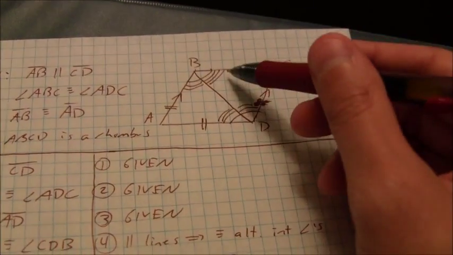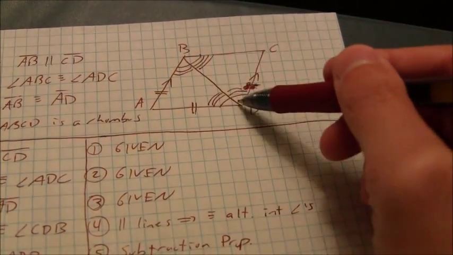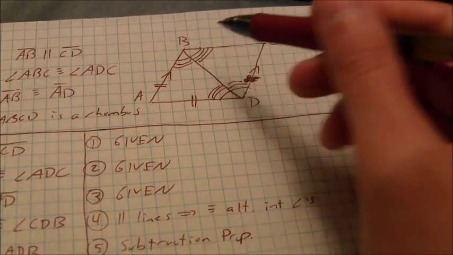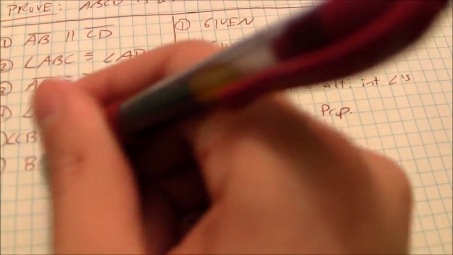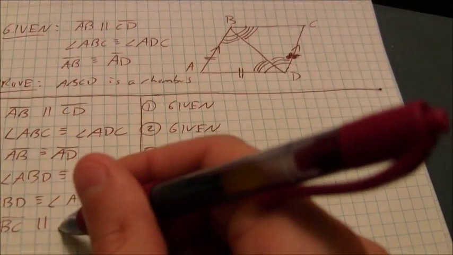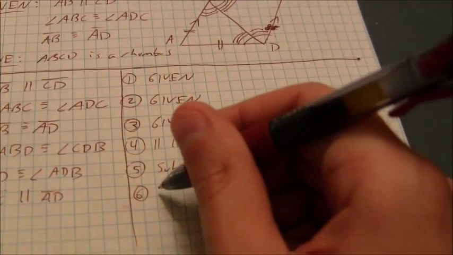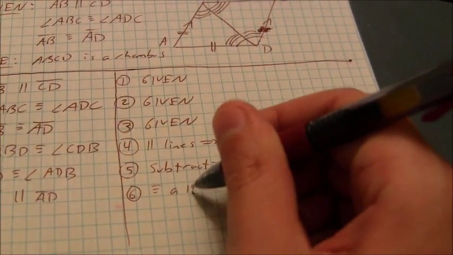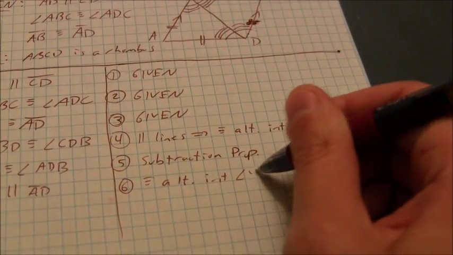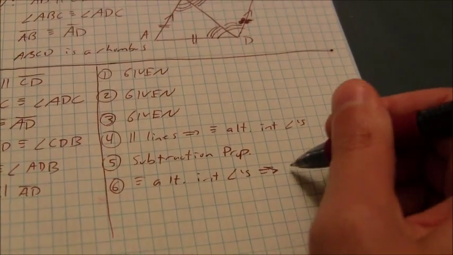If you go back here, now I've shown that pair of alternate interior angles congruent. So I can say that side BC is parallel to side AD, congruent alternate interior angles implies parallel lines.